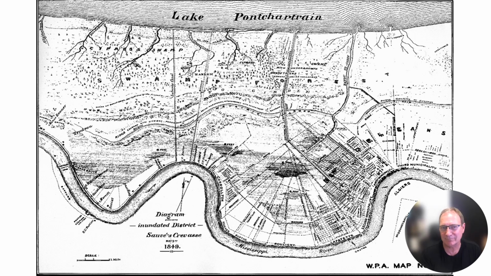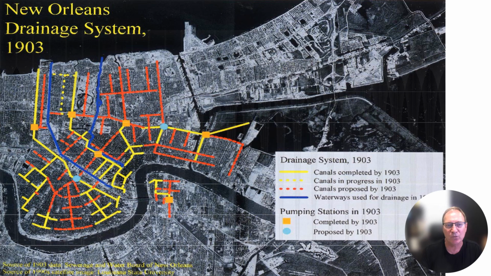So one way to think about it is over time, we have managed to drain all of the swamp area. We created this really elaborate drainage system to drain the swamp, so to speak. It allowed the city to expand. It allowed us to move communities out into those areas, build homes and businesses.